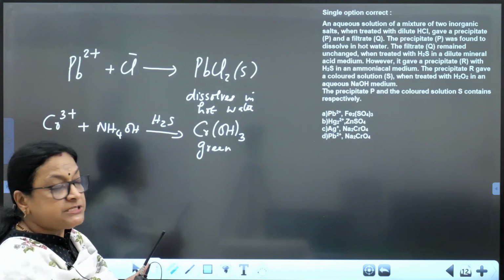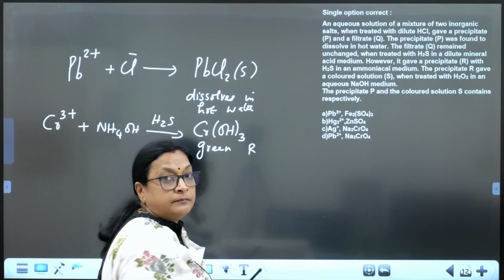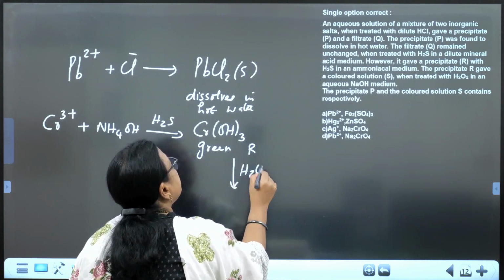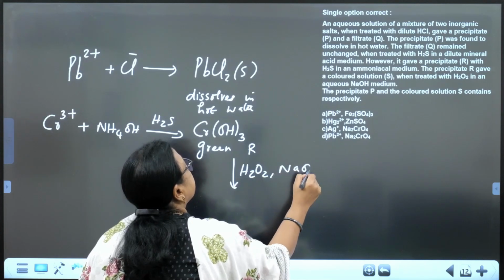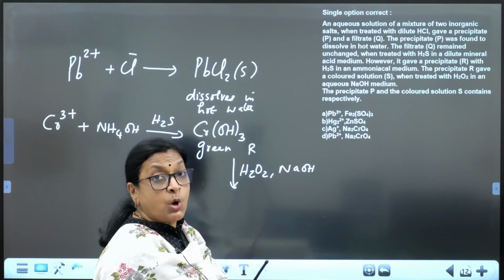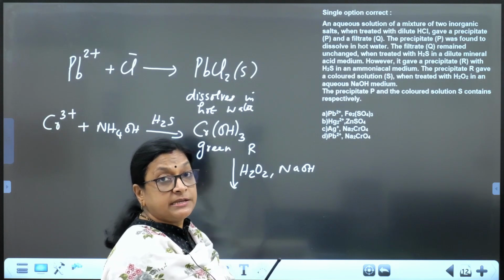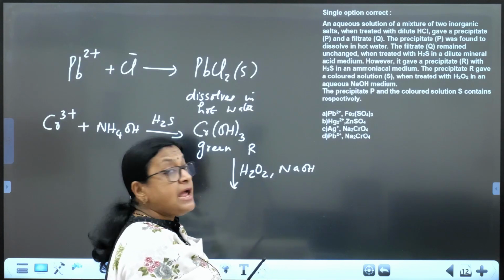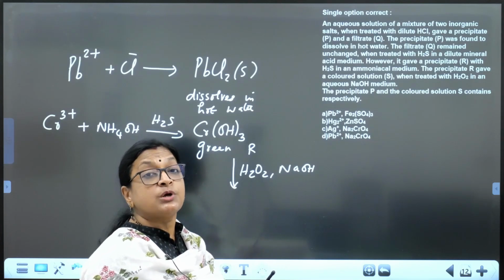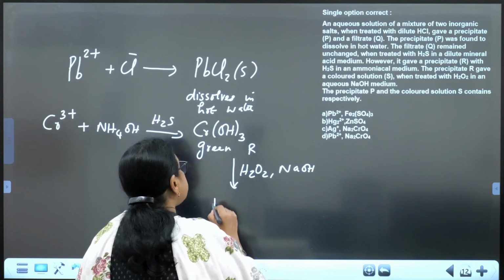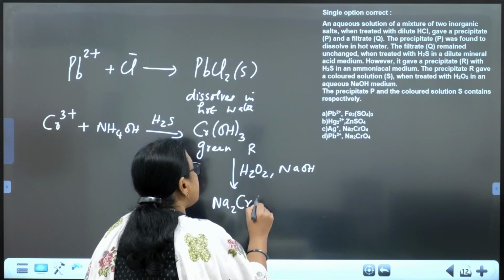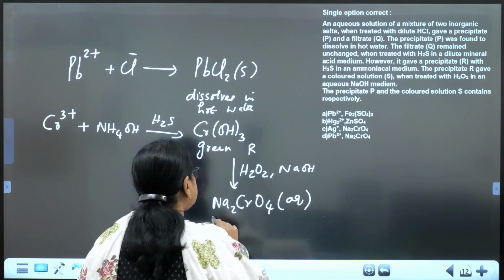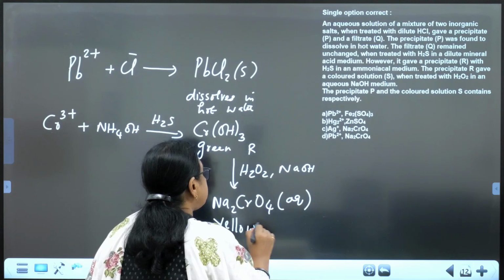This is the precipitate R. Now when treated with H2O2 in alkaline medium, Cr3+ is oxidized by hydrogen peroxide to chromium +6, and in alkaline medium it exists as chromate. So the compound must be Na2CrO4, which is water soluble and a yellow colored solution.